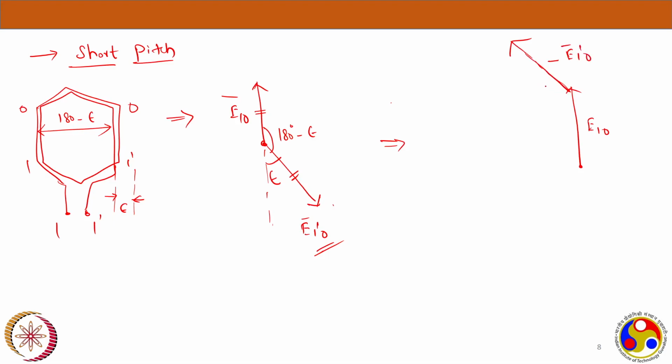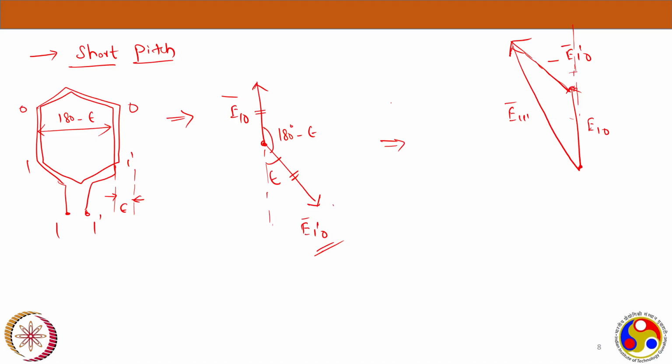The angles are all the same: this is 180 minus epsilon, and this is epsilon. Now what I am interested in is the resultant, and I am calling it E11 dash. This is what I want to calculate now.